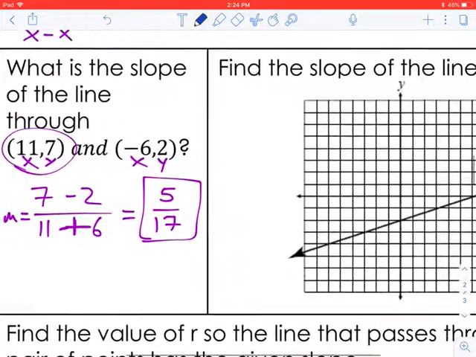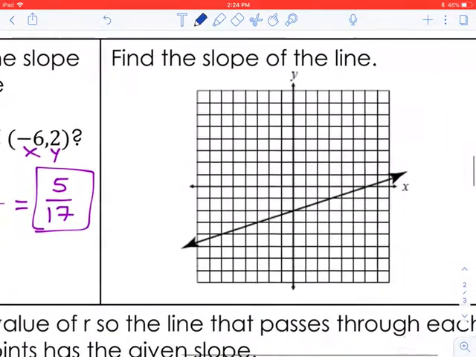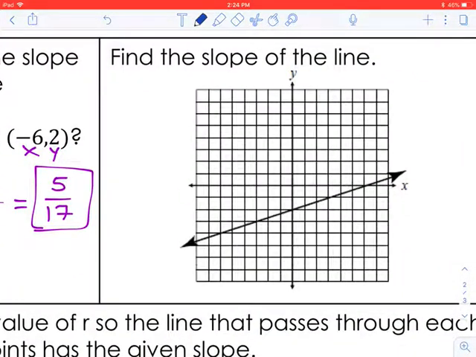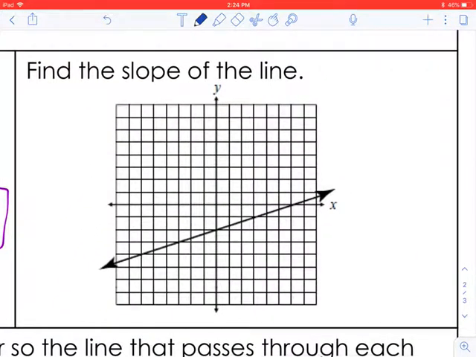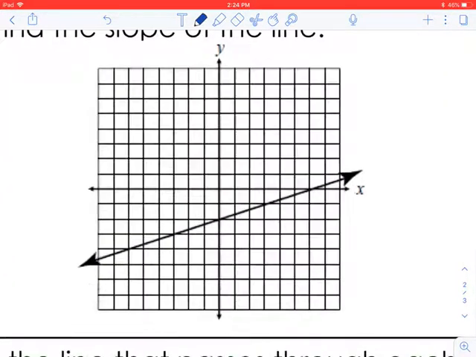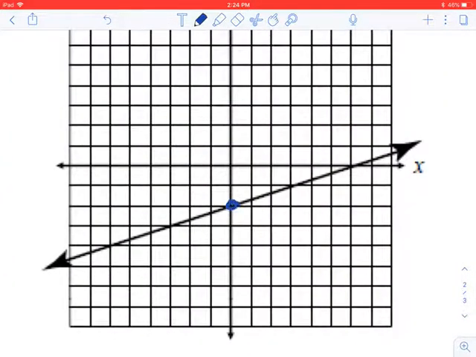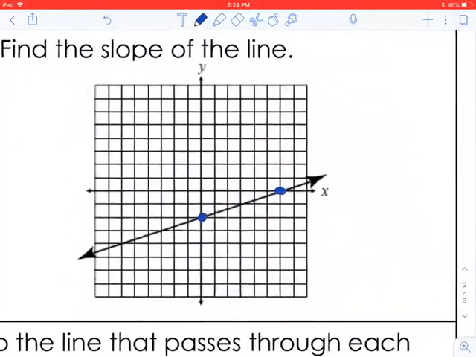So, last one on this row is finding the slope of this line. So if it's already a graph, we want to go ahead and get our rise over run. So you need to plot 2 points here. Okay, so I've got a point here and a point here. Now, if those aren't the 2 points you chose, that's okay.